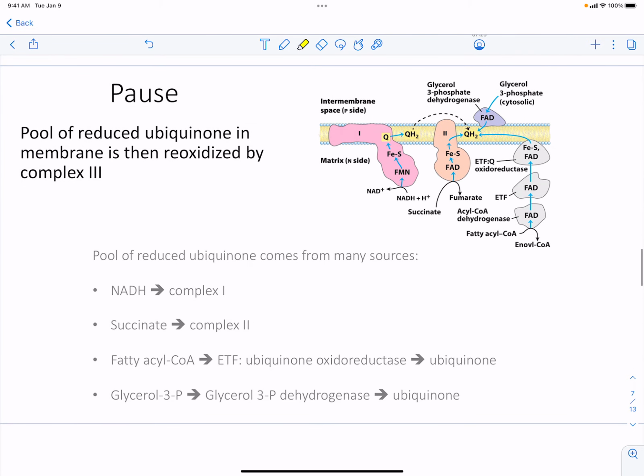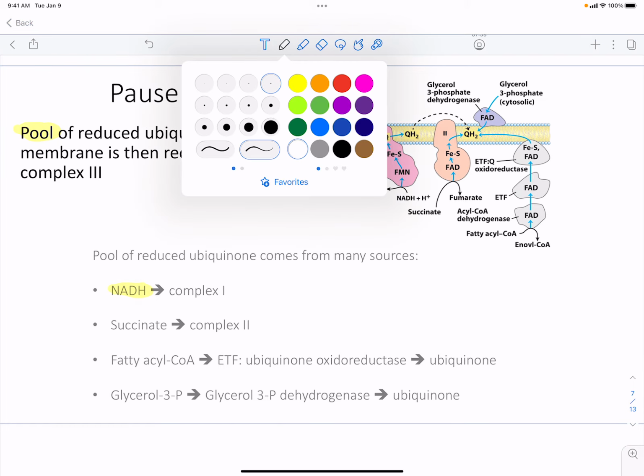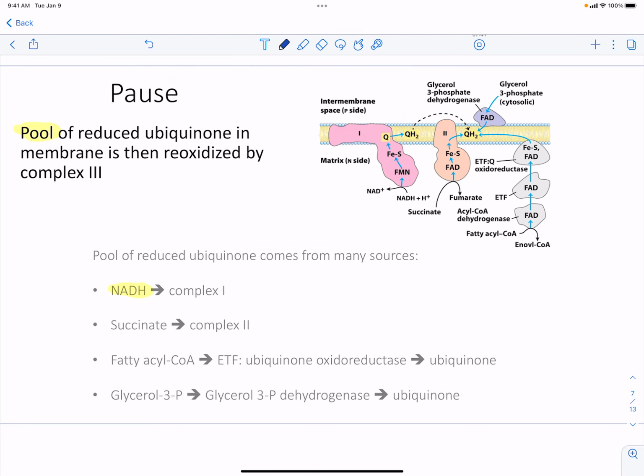So ubiquinone is really a pool, and you can think of it as taking electrons from many different sources. The pool of reduced ubiquinone comes from, again, that NADH, which came primarily from your TCA cycle. And then you had your succinate, and again, that's from your TCA cycle, and that goes into complex 2.